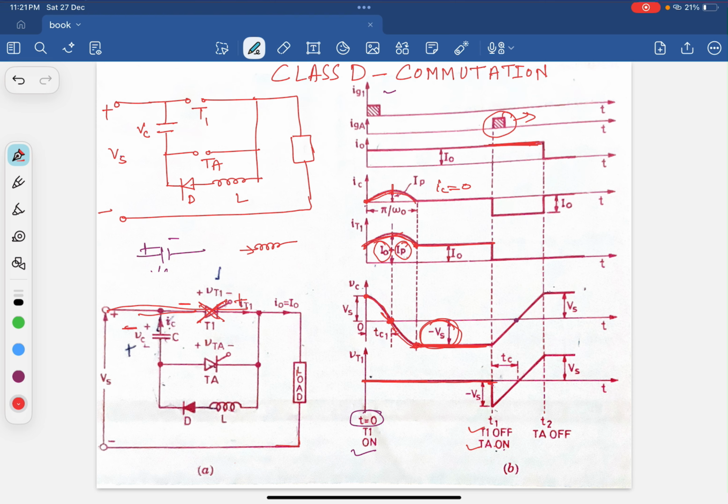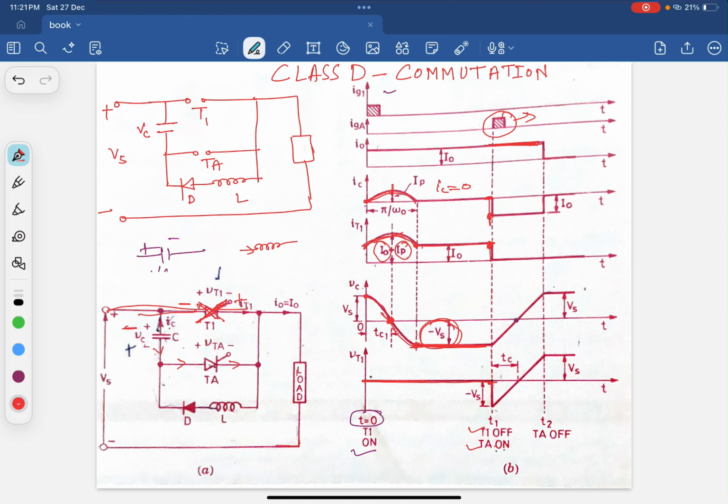Also we can see the capacitor rises to a negative value because the polarity has changed, so it has a different path to flow. Here it passes through this auxiliary thyristor. You can see that after this point IT1 suddenly reaches 0. Why?